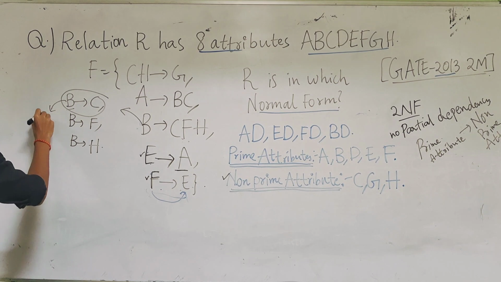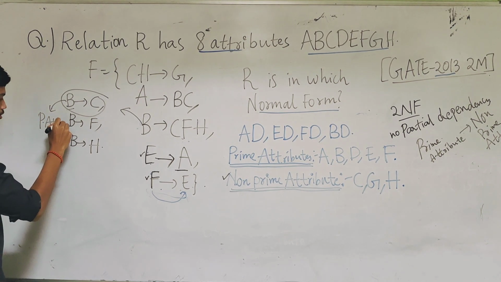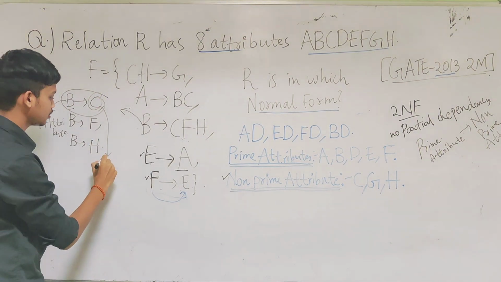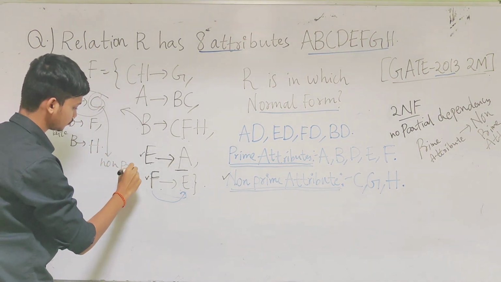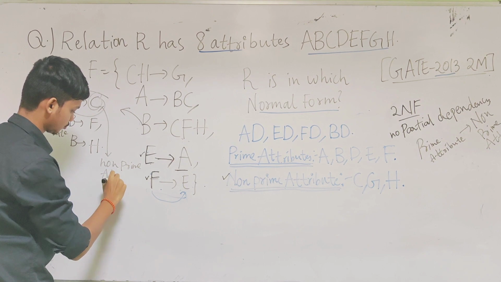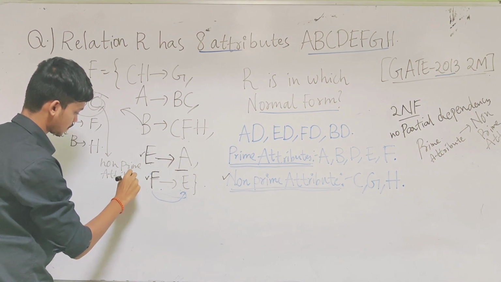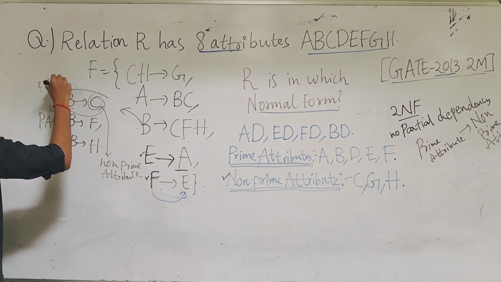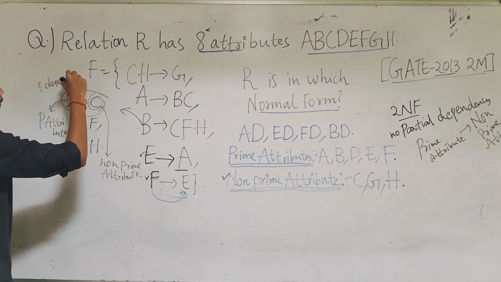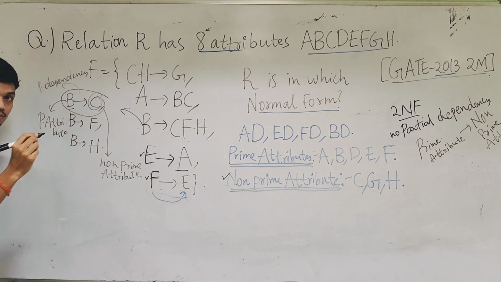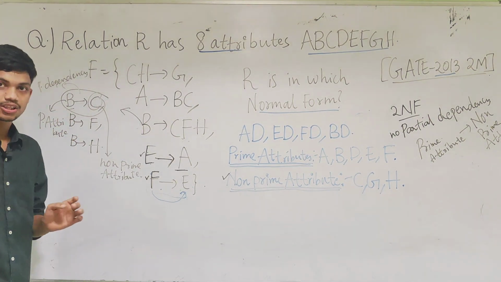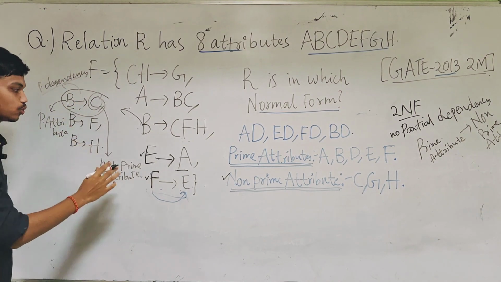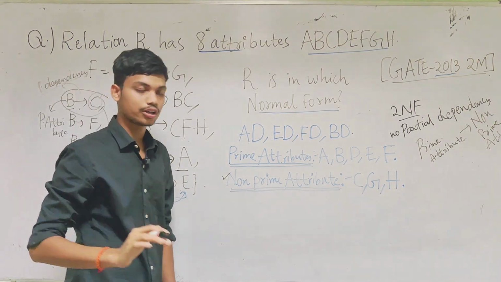B is a prime attribute and C is a non-prime attribute. So this is partial dependency. In our functional dependency, there should not be partial dependency, but here there is partial dependency. So this relation is not in 2NF.